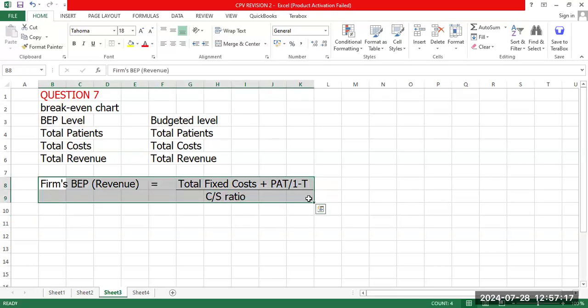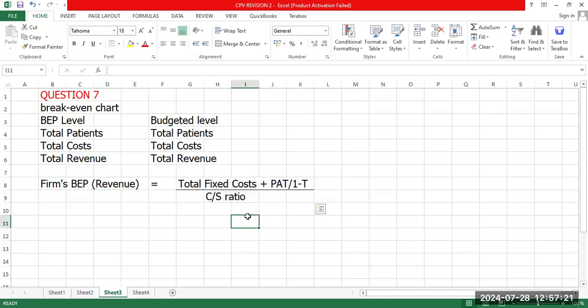With a sales mix, I start with the firm's break-even point in units, whereby I get total fixed costs plus profit after tax over 1 minus tax rate, then everything I divide by total weighted average contribution per unit.